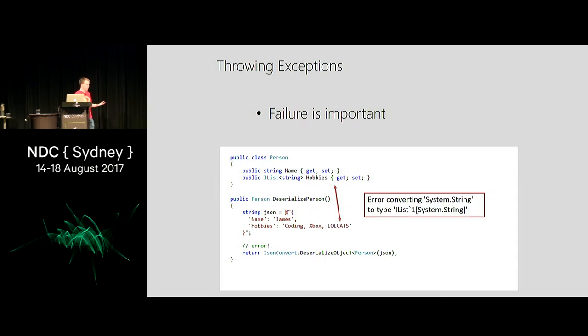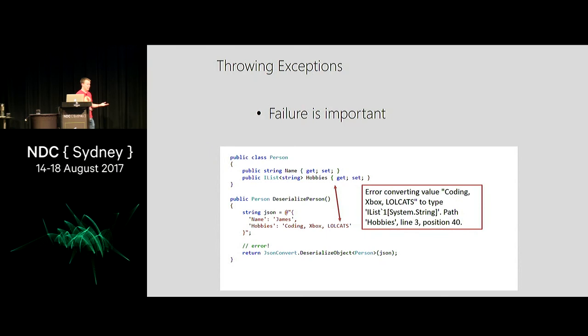By far and away, this was the most common complaint. The fix was to improve that exception message. I improved it to error converting system.string to type list of string, which reduced the number of support requests and people asking for help around this issue, but it didn't completely solve it. So I went further and changed it to this.